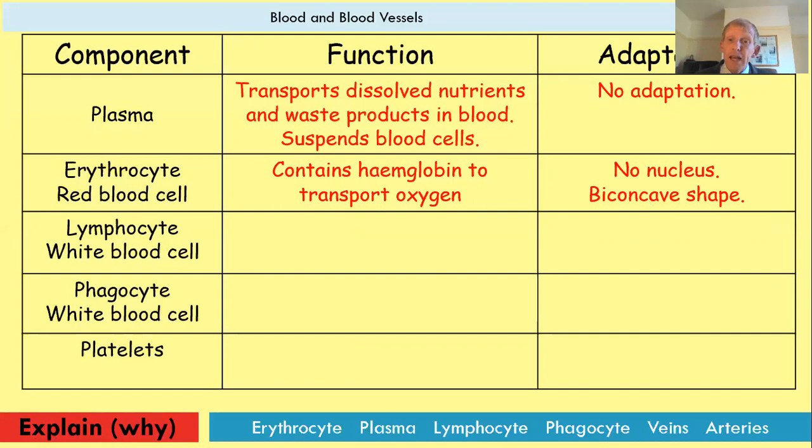I've only put the adaptations as no nucleus and biconcave shape, but if you've also put down increased rate of diffusion, I will accept that as a perfectly happy answer as well.